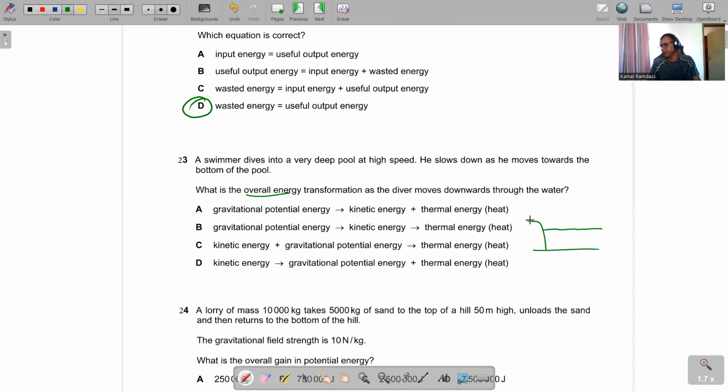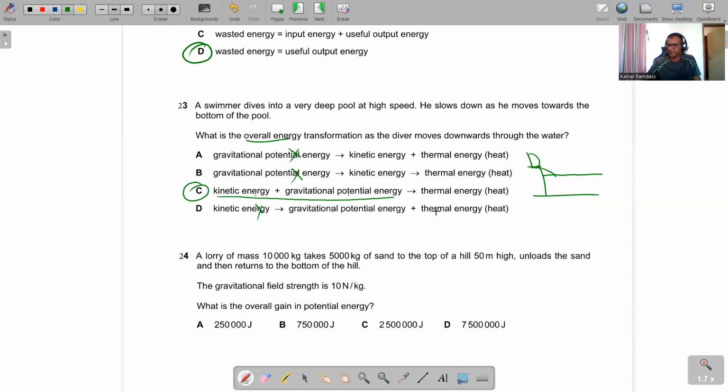Déjà, il y a une gravitational potential energy, mais il va venir avec une vitesse aussi, il y a une kinetic energy. Kinetic energy plus gravitational potential energy, and all energy is transformed into heat energy due to resistance in the water, etc.